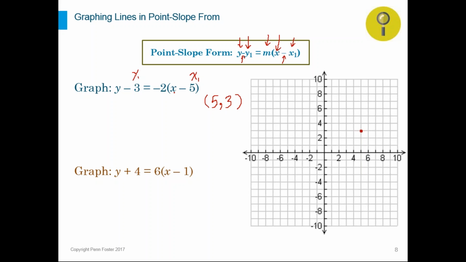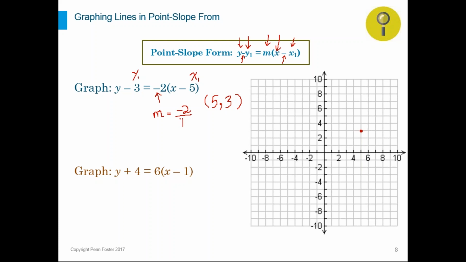But another way that is given to us in the study unit is to use the slope to find the second point. The way we're going to use the slope is to look at the slope as a fraction. M, which is the slope, equals -2, and actually we can say it's -2 over 1, because -2 over 1 is the same as -2.